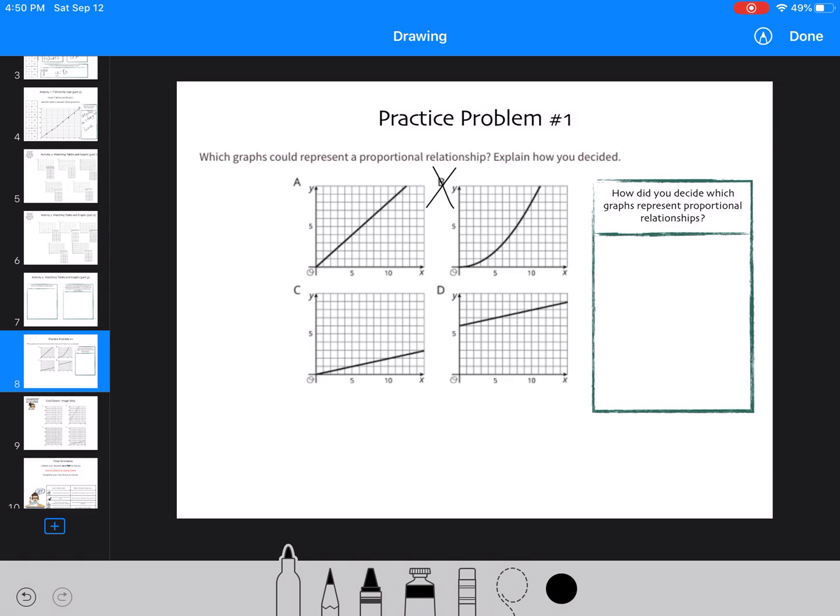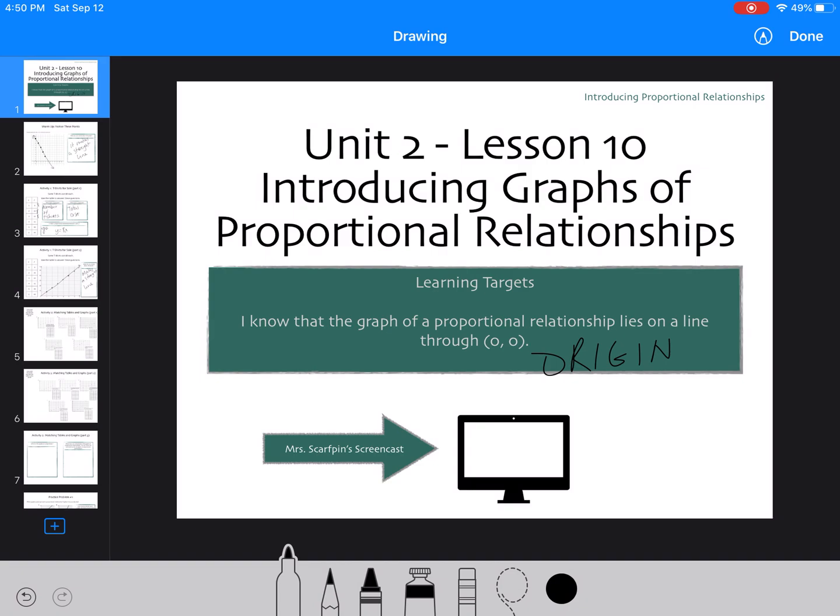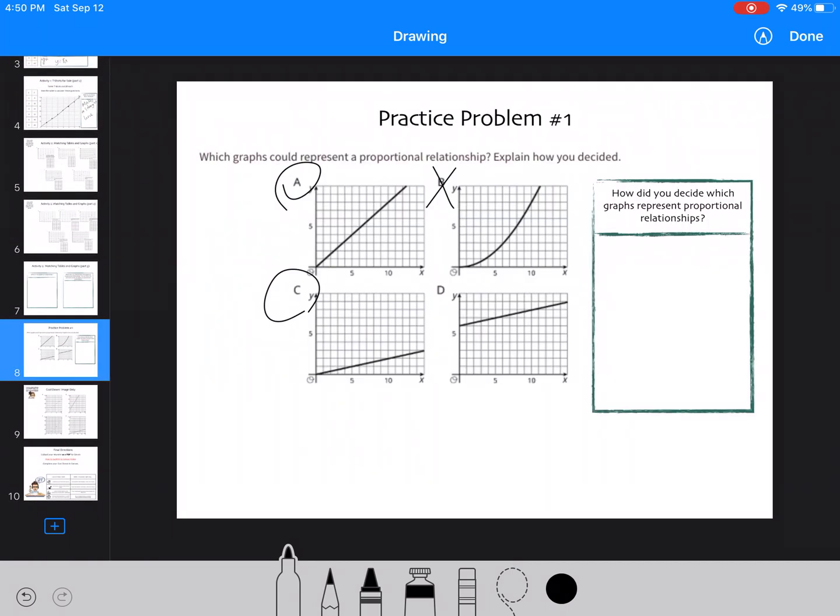B is definitely out because it makes a curve. So I know that A is definitely in. C is definitely in. Now, at the very beginning, it says, I know a proportional relationship lies on a line through the origin 0, 0. Well, if I know that's the case, then D is out.